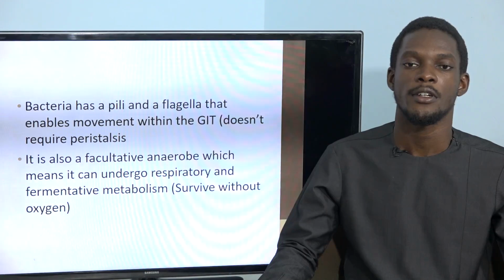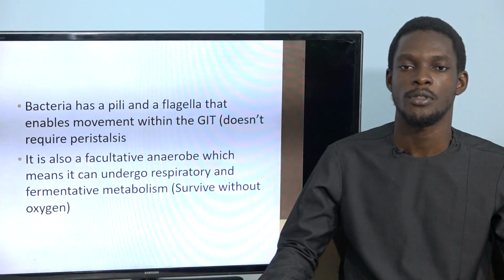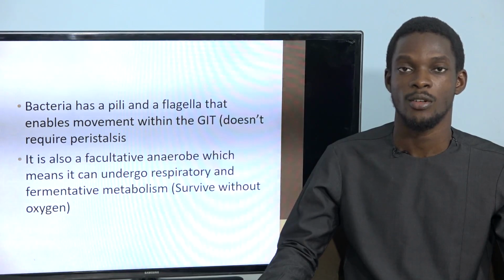It is also a facultative anaerobe, which means it can undergo respiration and fermentative metabolism. This is to say that it can survive without oxygen. As long as it is in an alkaline media, it can survive.